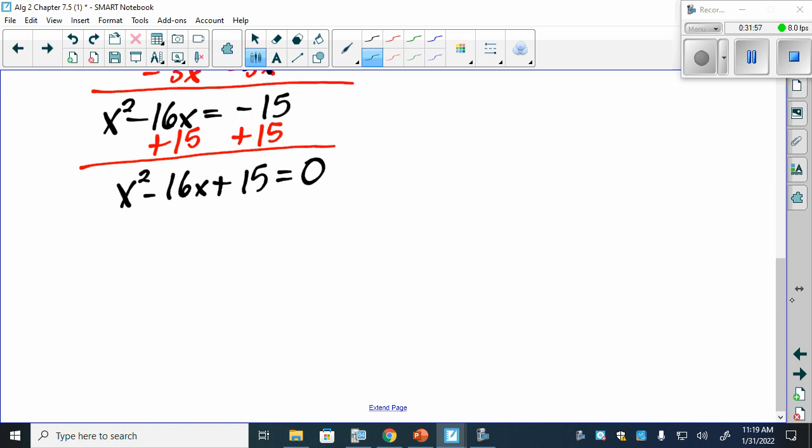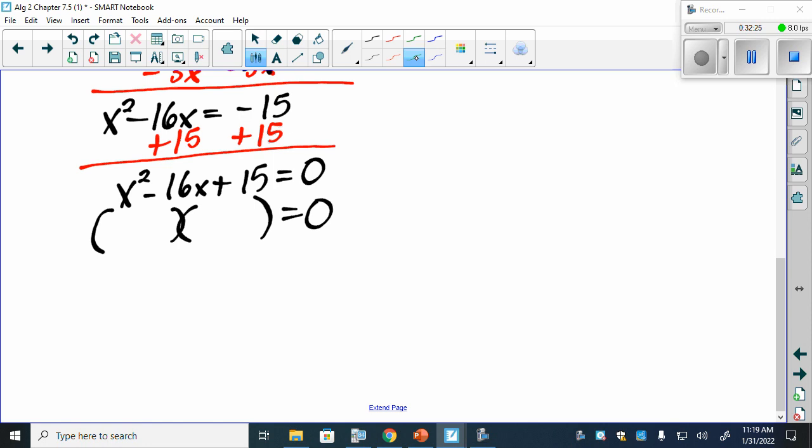So at this point here, we do need to solve this here. Now we can solve this by factoring or the quadratic formula. Which one do y'all want to use? We can try to factor it. 2 sets of parentheses equals 0.